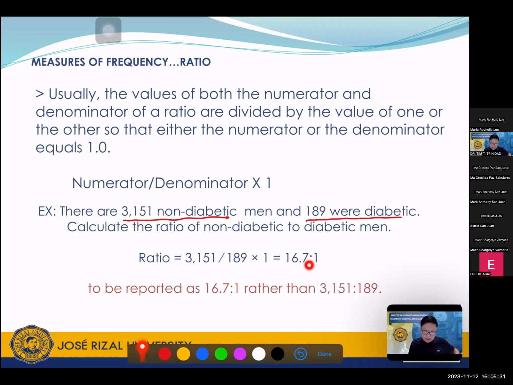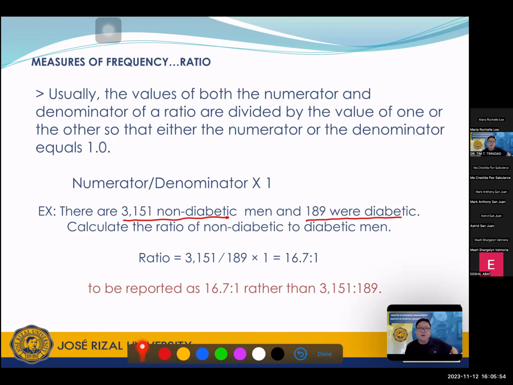Given this number, mas mabilis intindihin kesa sa sasabihin natin na, yung data ko, there are 3,151 non-diabetics and 189 were diabetics. Parang ang bigat. Magkukompute pa ako. Ano yun? Ano itsura nun?